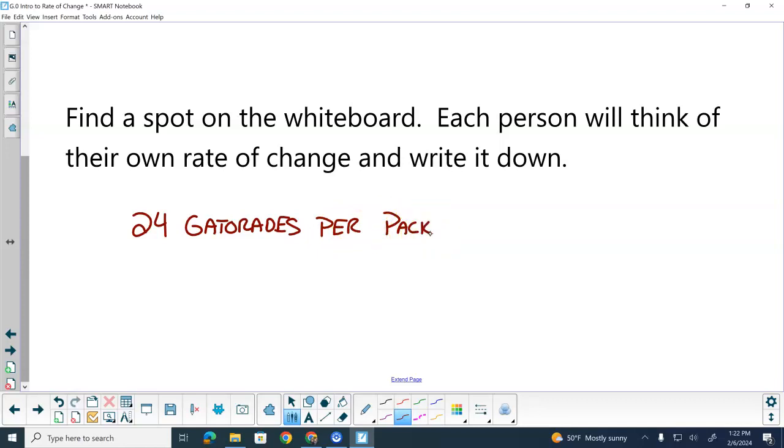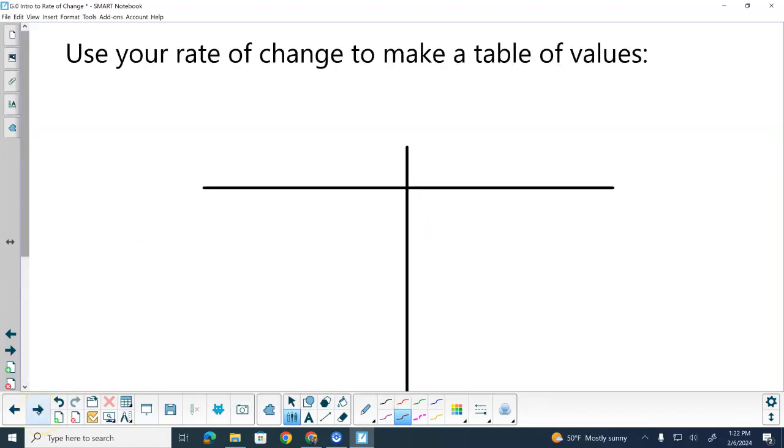Love it. That's a good one. Now with your own individual rate of change, Wyatt, your pack would be on this side, and you would have Gatorades on the other side, right?